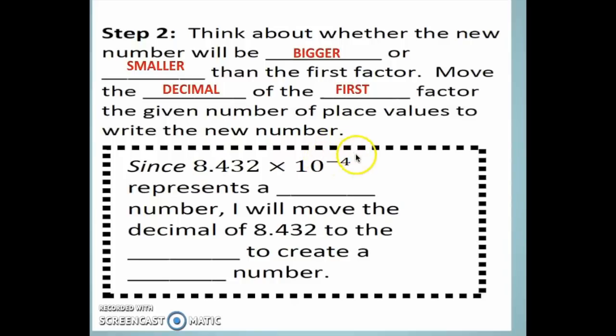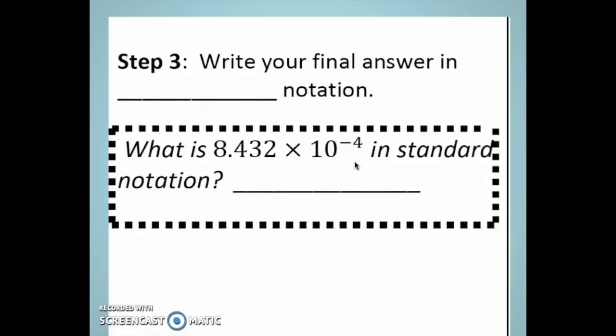It's telling me that's going to be a small number and I have to move it to the left. So it's going to represent a small number and I would move my decimal to the left to create a small number. Okay, once again, I know this is notes and it may not make any sense to you right now, but keep writing and we'll have tons and tons of practice, I assure you.